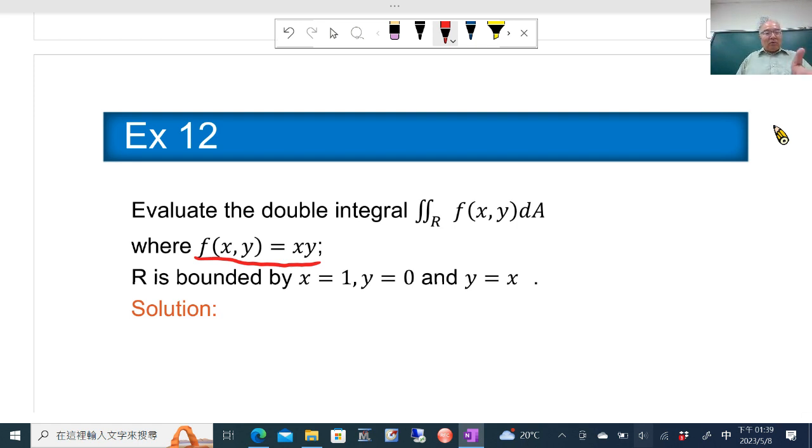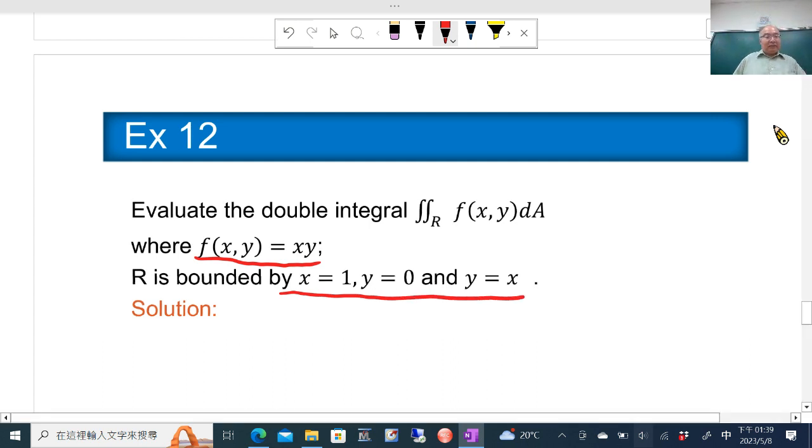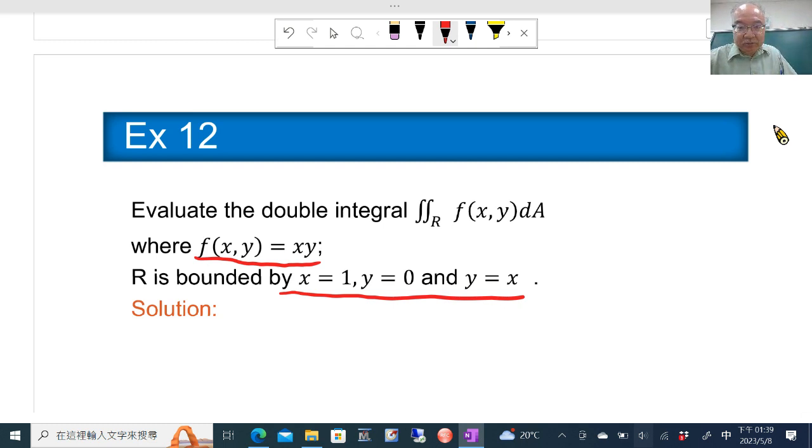So we need to know the domain of our integration, and you have to plot this description. It says that R is bounded by x equal to 1, y equal to 0, and y equal to x. So let's draw the curves for this one.